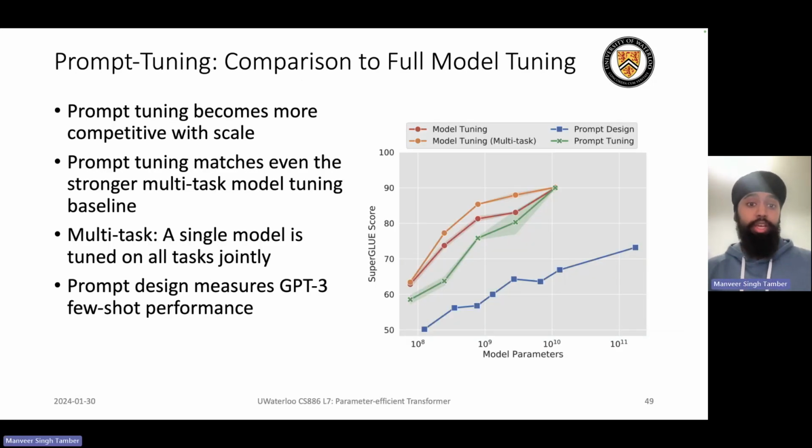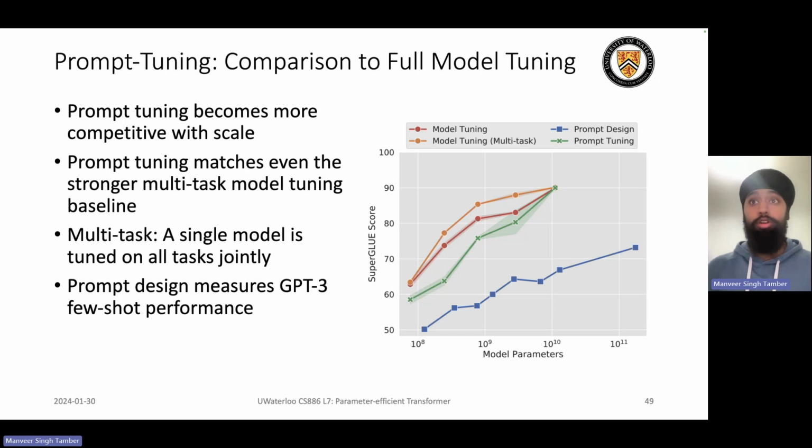They do make comparisons again to full model fine-tuning, and so we show this, right, where prompt tuning becomes more effective with scale, they show. Prompt tuning matches even the stronger multitask model tuning baseline, and that is a baseline where a single model is tuned on all the SuperGLUE tasks at the same time. And so that's the strongest baseline and achieves the strongest results.